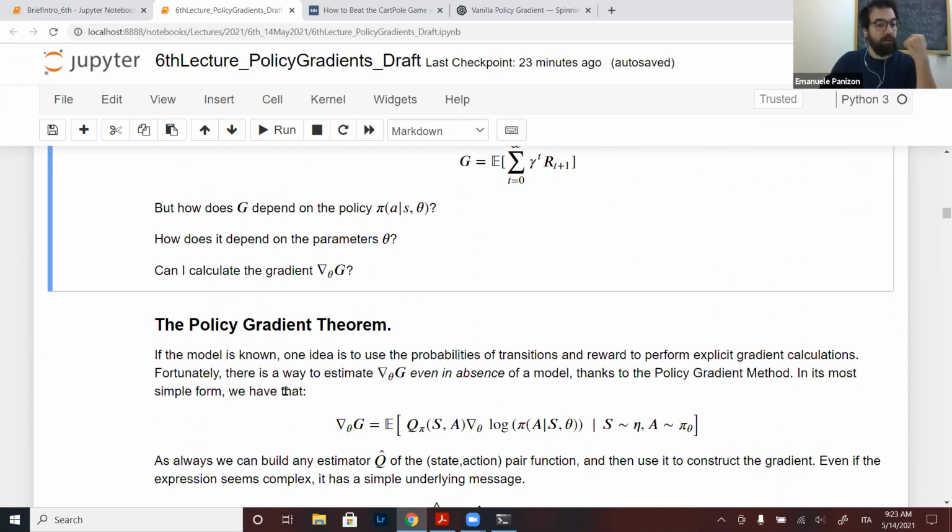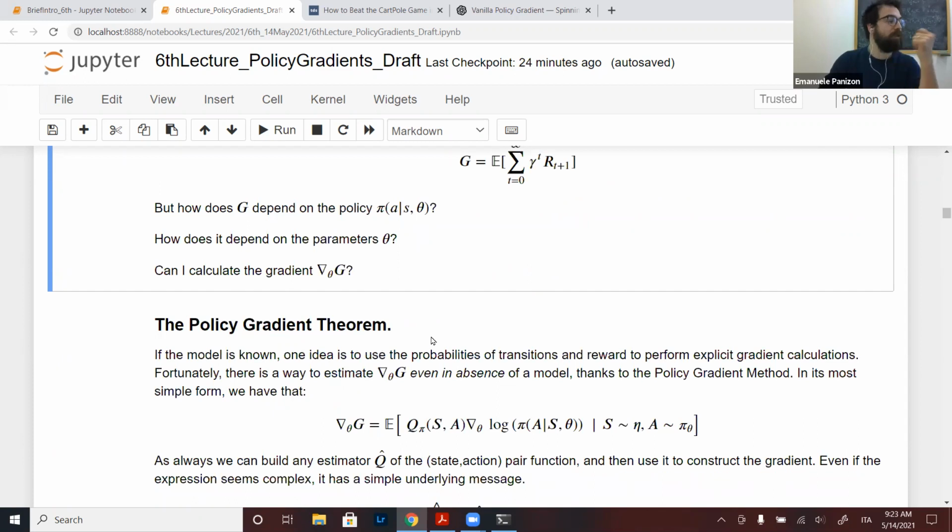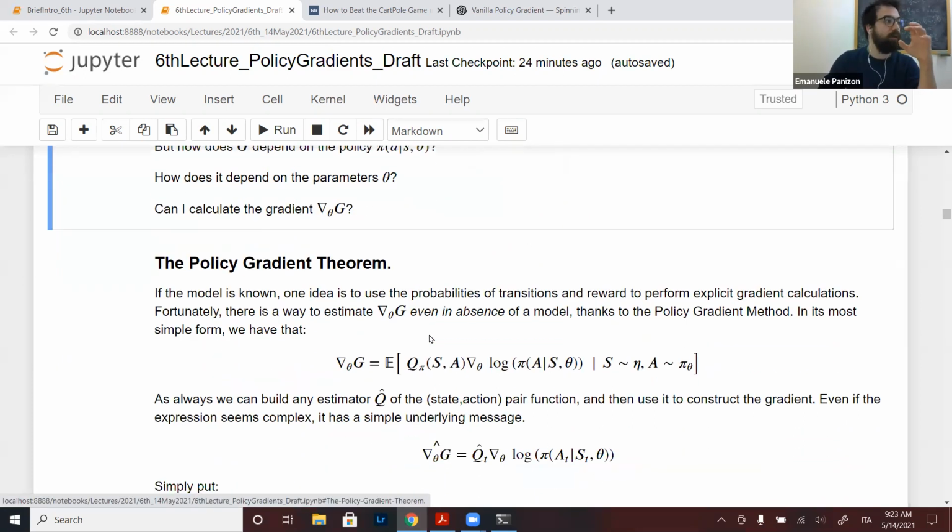If the model is known, the discounted reward can be written as a function of transitions, rewards, and probabilities, and everything is known. One can try to go with a mathematical approach with integrals and try to find a closed solution there.